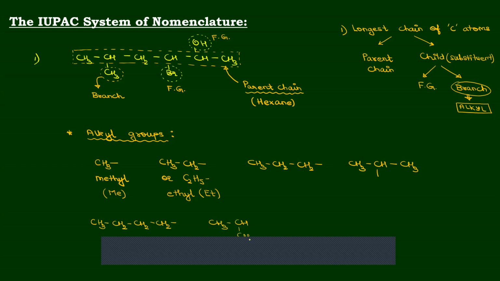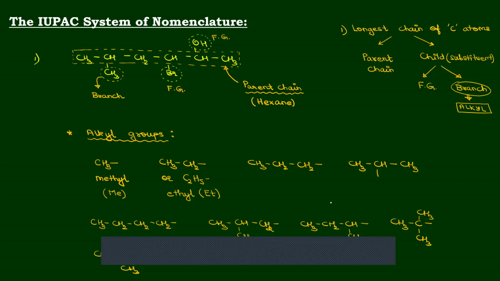Next, if I draw some alkyl groups with 4 carbons, they would all be called butyl, and 5 carbon alkyl would be called pentyl. So I am just listing down the alkyl groups with a variable number of carbon atoms.